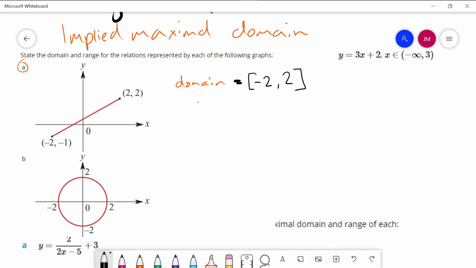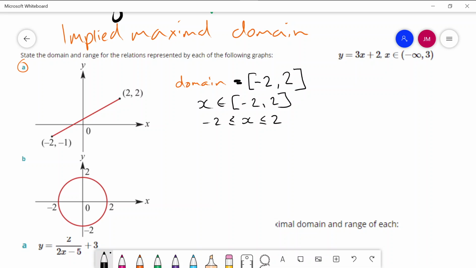Another way we could write that is x belongs to [-2, 2], or -2 is less than or equal to x, which is less than or equal to 2. All three of those are writing the same thing, so whichever one you feel comfortable with.